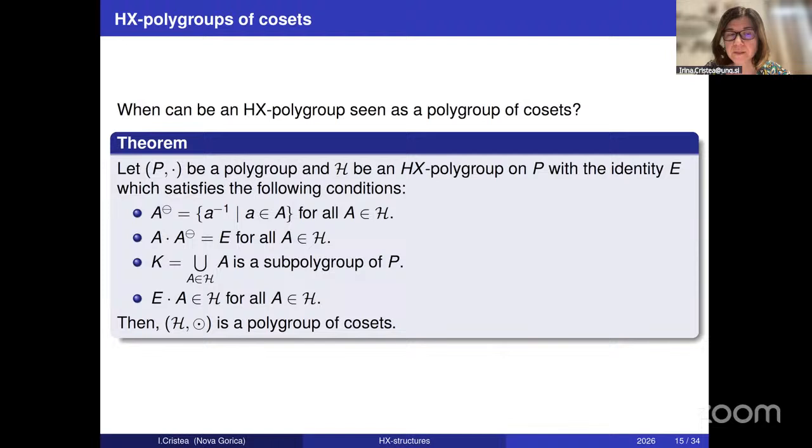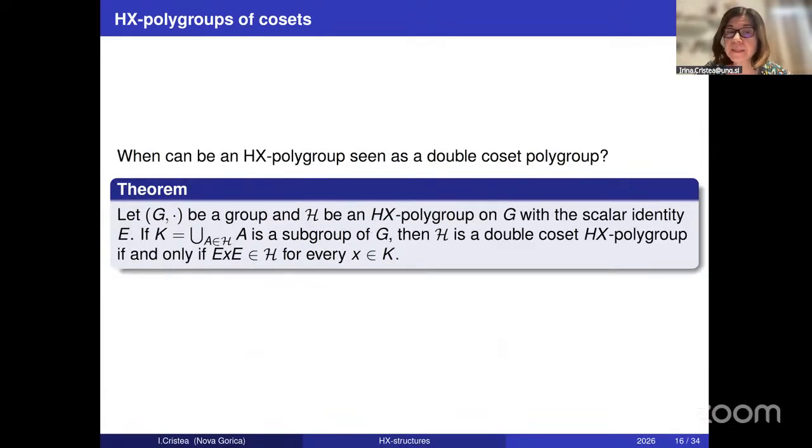And the first theorem that we obtain says that if we start with a polygroup P and H is an HX polygroup on P with the identity E, satisfying these four conditions, unfortunately, here we have four conditions that have to be satisfied, then H is a polygroup of cosets.